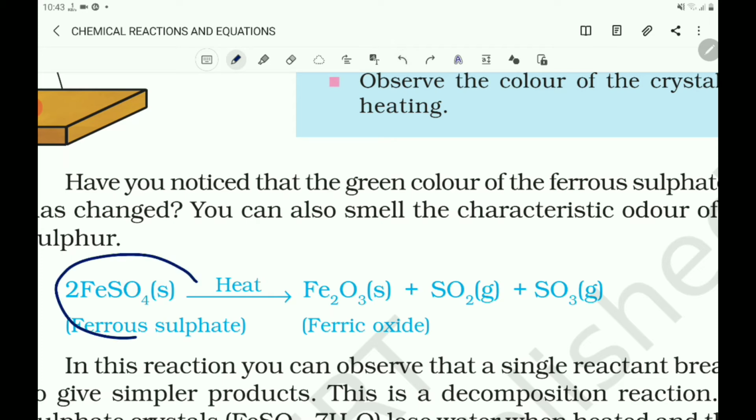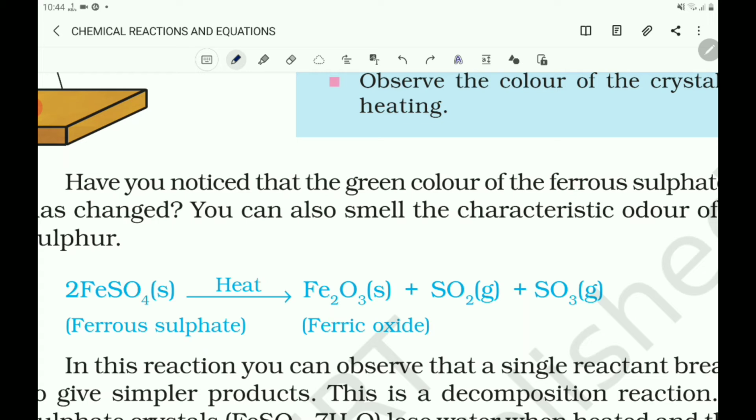Here only one reactant is there, that is FeSO4, ferrous sulfate. On heating it gives 3 different products. One reactant is broken down to give 3 products, and this type of chemical reaction is called decomposition.